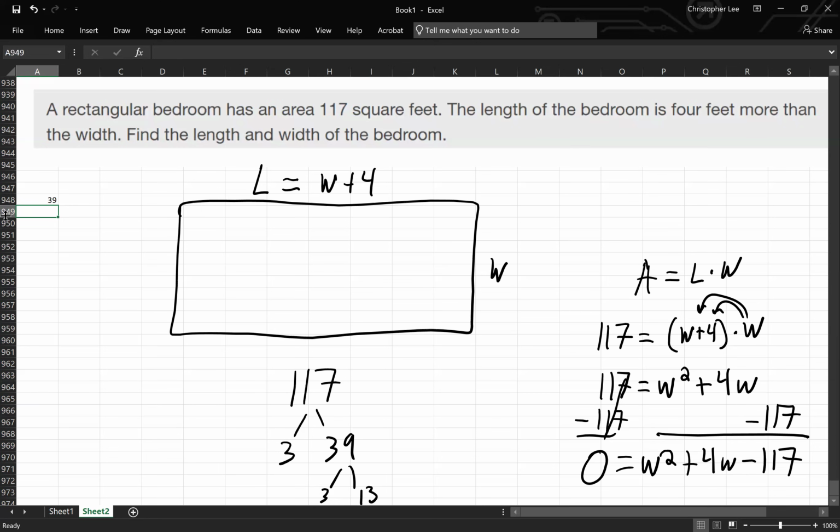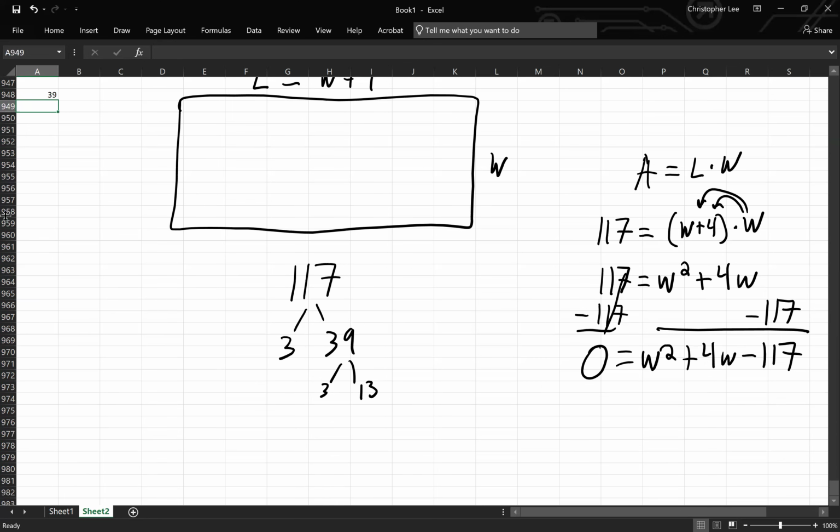Not bad, right? So we need to get to 4. How do we want to do this now? That's 9, right? Yeah, it's 9. So 0 is equal to W minus 9 times W plus 13, right? There we go. That's the 4.